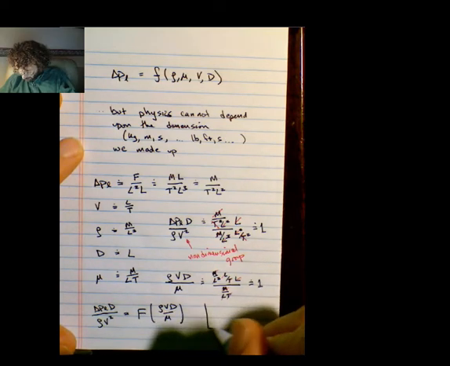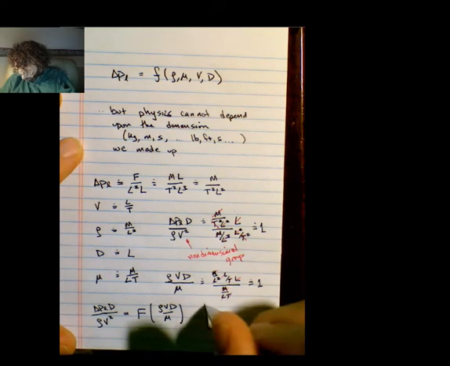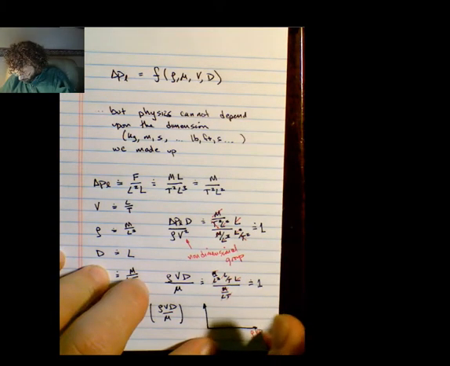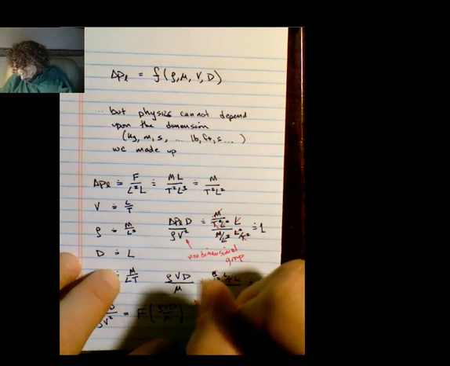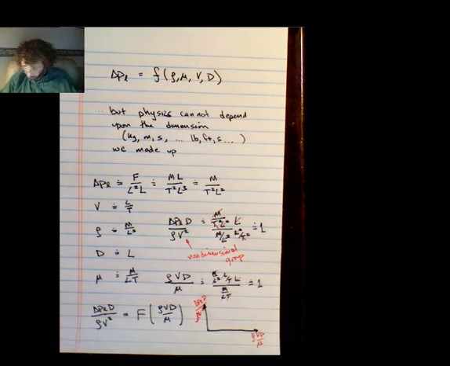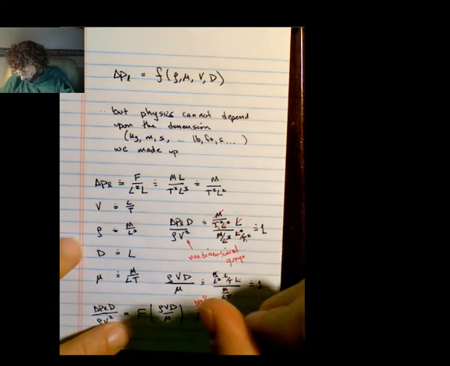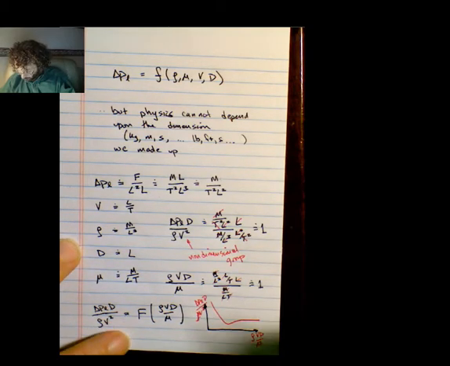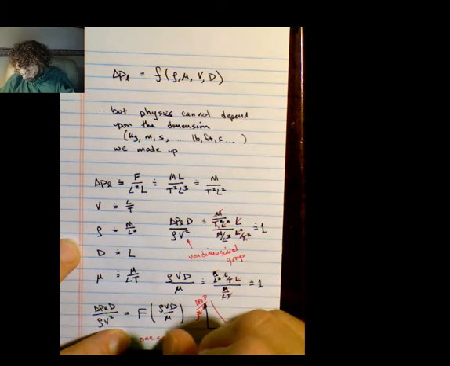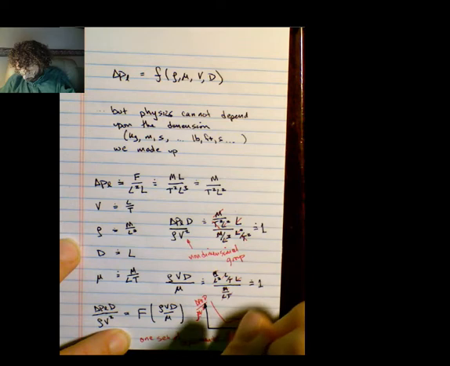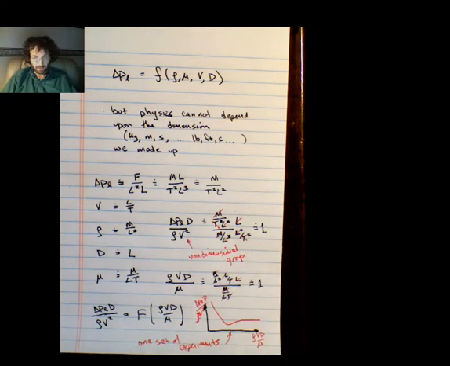And this suggests an experiment that looks like this, where we say over here we're going to vary rho VD over mu, and over here we're going to measure delta P L D over rho V squared, and this should have some universal behavior. And so one set of experiments is sufficient to do in place of all of those others.